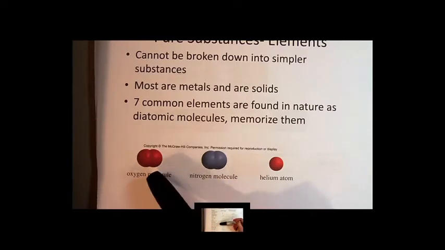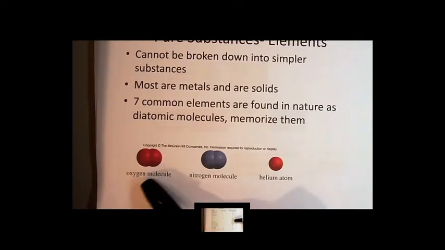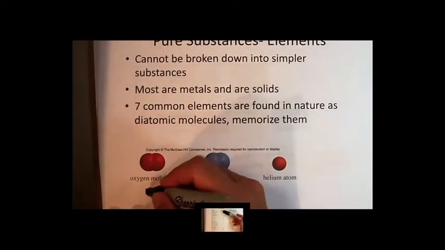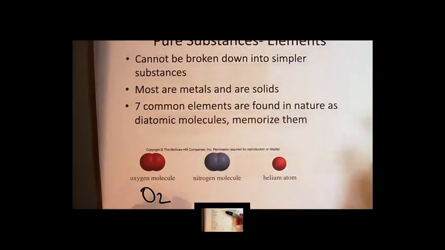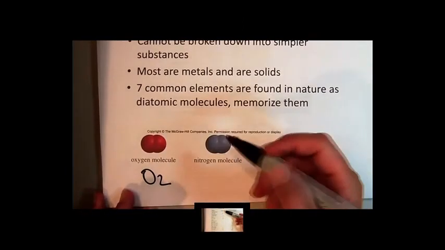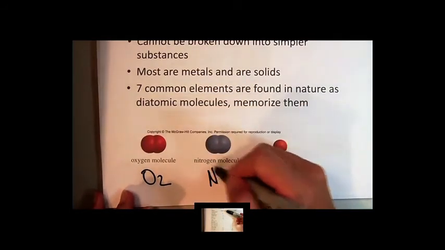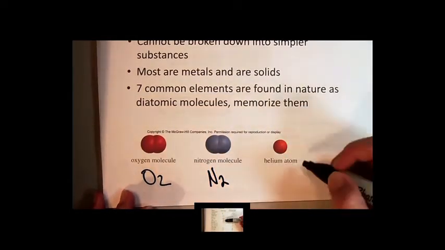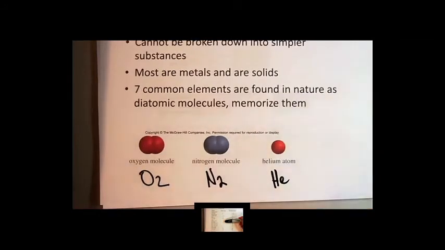So oxygen in nature, when we find it, for example, in the air, is going to exist as the diatomic molecule O2. And nitrogen is going to exist as the diatomic molecule N2, whereas helium just exists as an atom. So that's what we mean by a diatomic molecule.